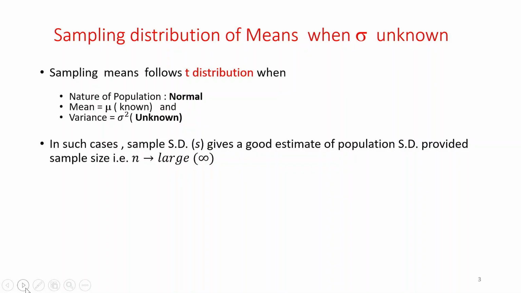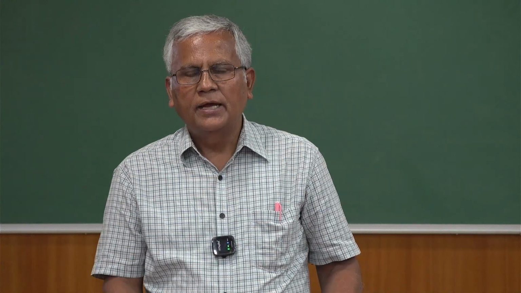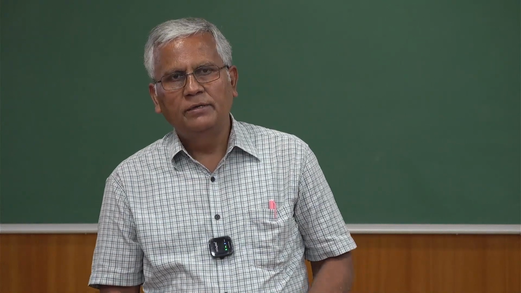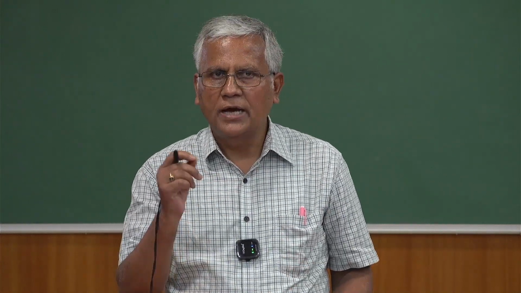Now, when the population standard deviation is unknown to us, then we have to use the sample standard deviation as an estimate of the population standard deviation, provided, and this is very important, that n is very large. That is, we make sure that the sample size is large.